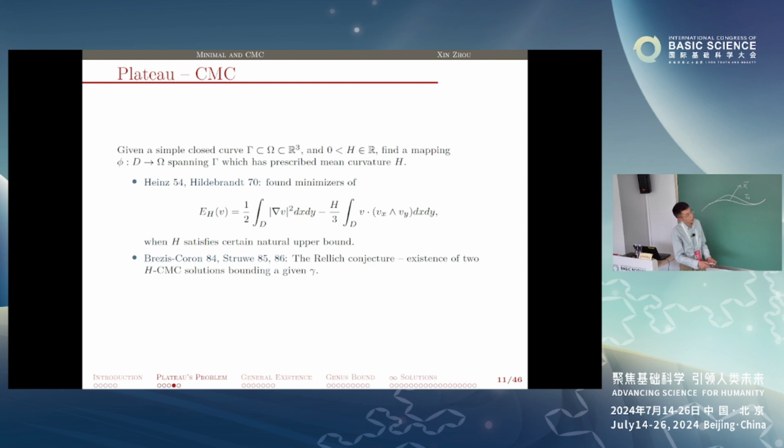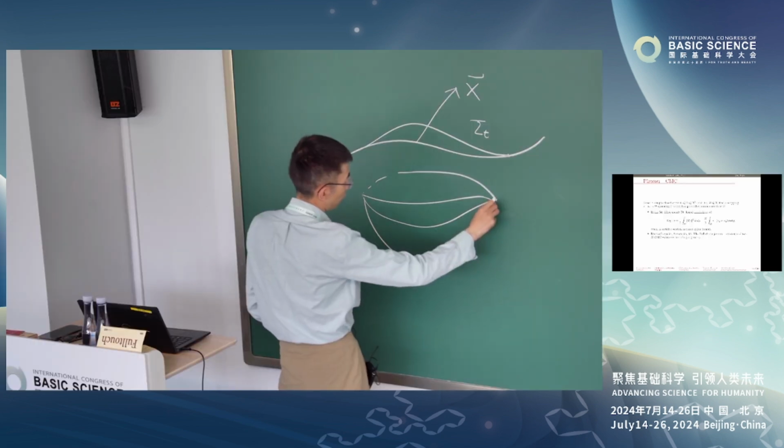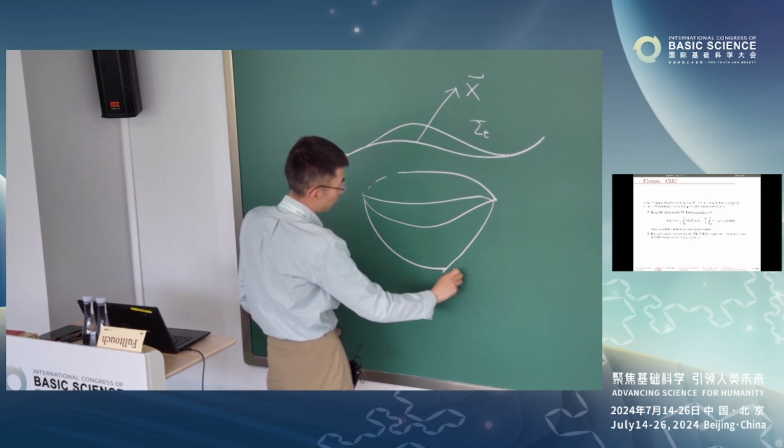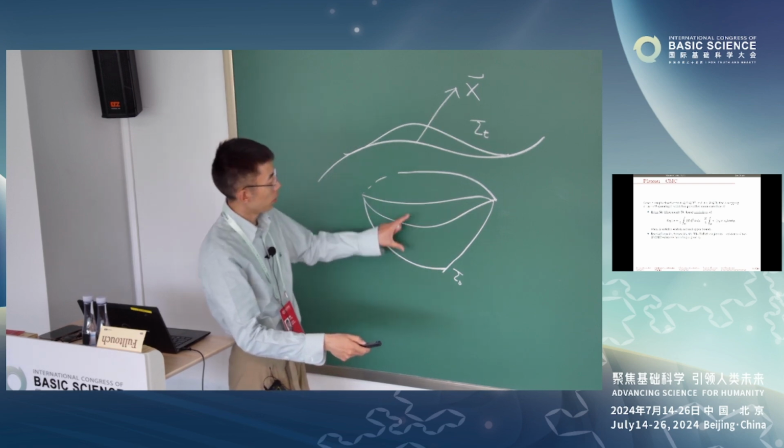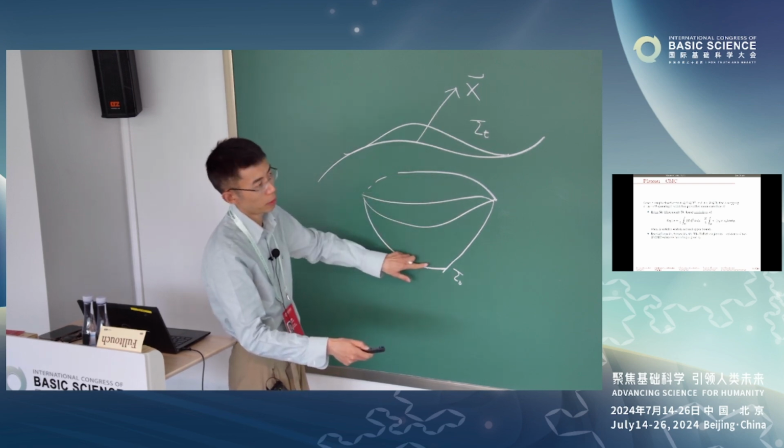This term actually, if you think of this as a surface, and you give a reference surface, say I fix this one as a reference surface. The second term more or less measures the volume in between this given surface and this reference surface.